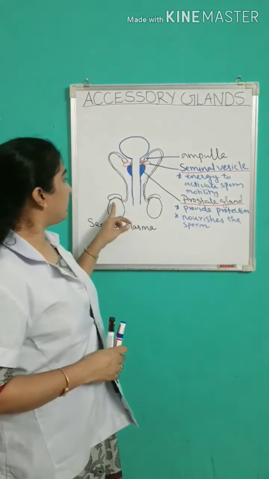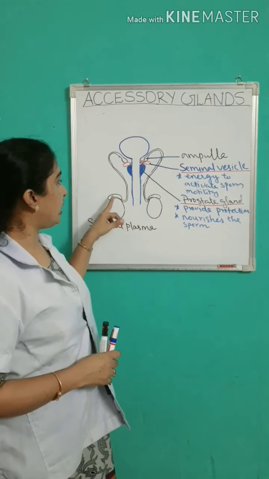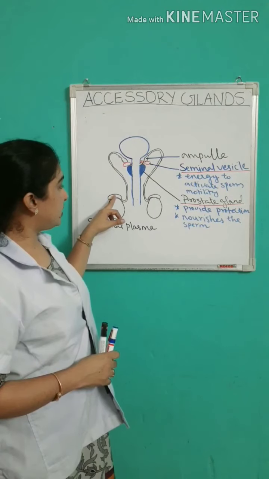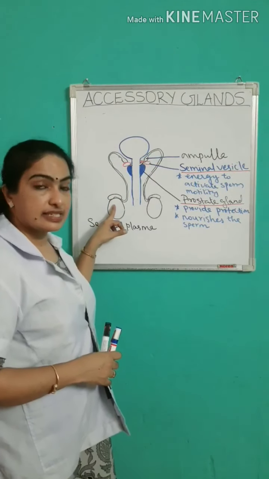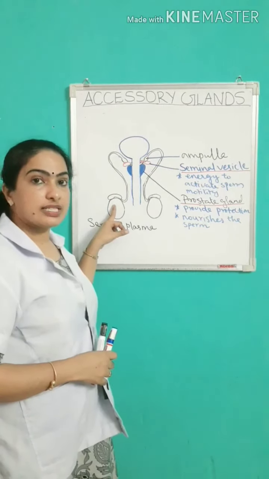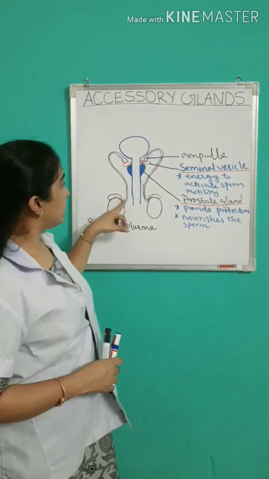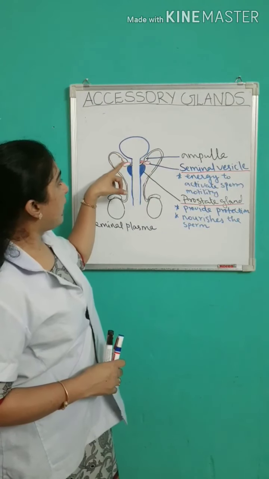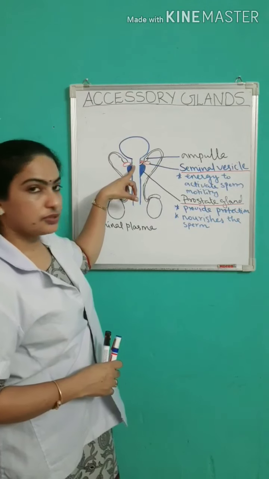As you know, the sperm from the seminiferous tubule enter into the epididymis through the rete testis and vasa efferentia. Then it gets into the vas deferens and finally opens into the urethra.